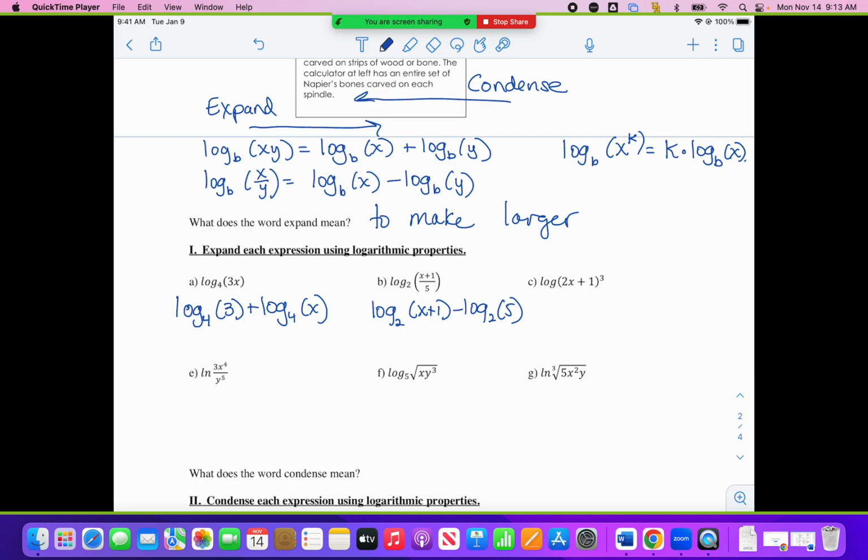And tell me if they're the same. Are you getting the same thing? No. So what I want to make sure we're understanding here is log base 2 of x plus 1 is not log x plus log 1. That's a big false. It's not true.